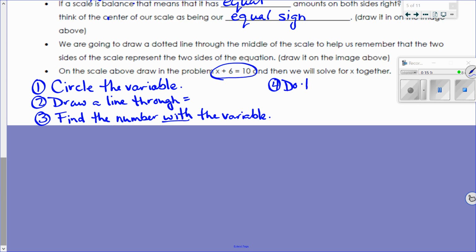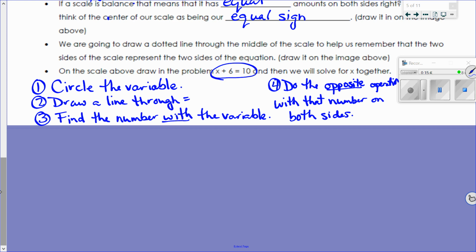Do the opposite operation with that number on both sides. And that's where our subtraction property of equality and addition property of equality come in.